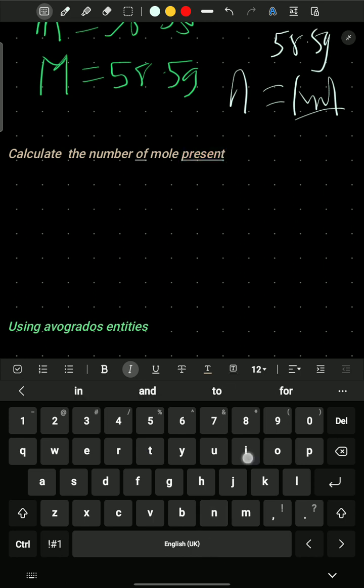Calculate the number of mole present in 284 gram of chlorine molecule.